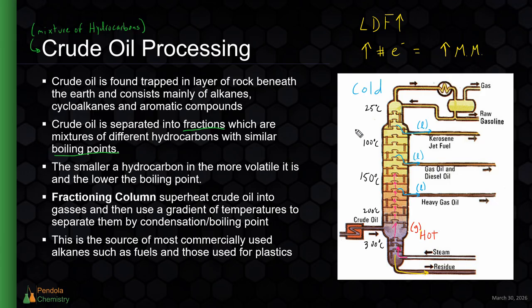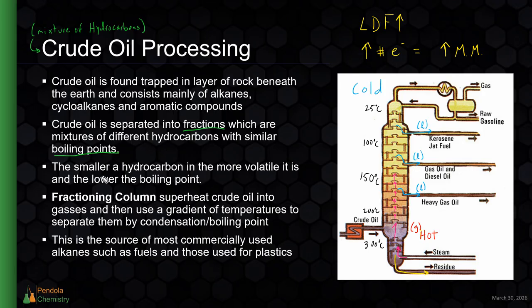So what happens here? The smaller hydrocarbons, things like CH4 and C2H6, are going to have much lower boiling points. They're going to be gases at the top. Whereas the much larger hydrocarbons are going to liquefy a lot sooner because the London dispersion forces are stronger.